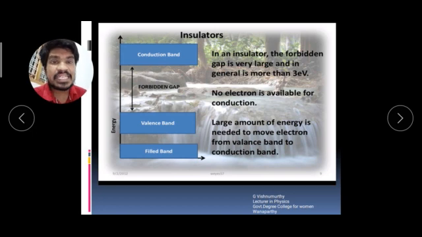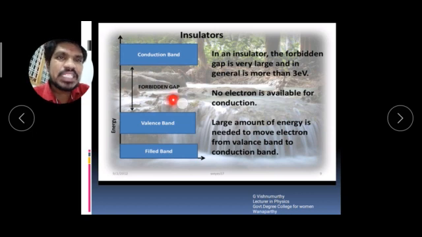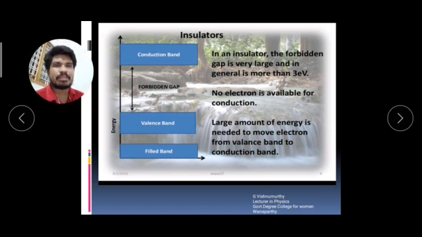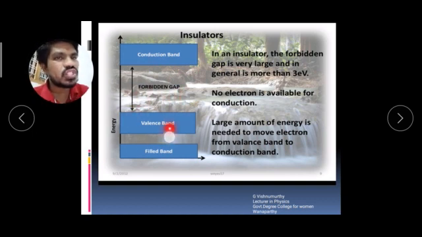The forbidden energy gap that lies between conductors and insulators is known as semiconductors. In insulators the energy gap between the valence band and the conduction band is very high. That's why the valency electrons do not move towards the conduction band, because there is a large forbidden energy gap.